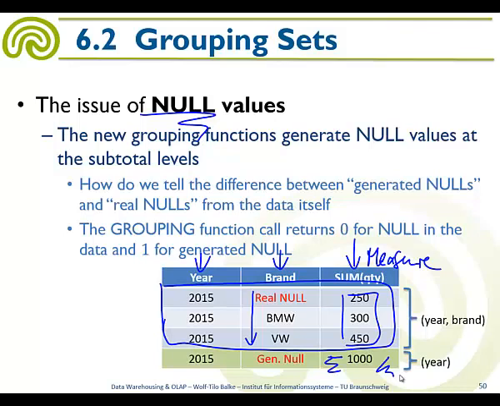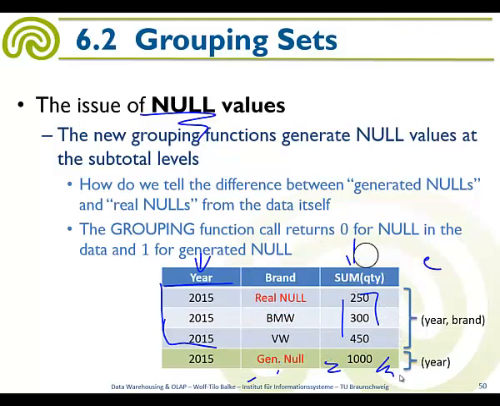But since I now have all the brands, I generate a null value because I cannot put anything in that column. I could write "all" or something like that, but then I would find out that "all" might be the name of something, right? So it's kind of difficult. But I also might have real null values that are just lacking in the data, right? And the question is, how can we distinguish between the two?